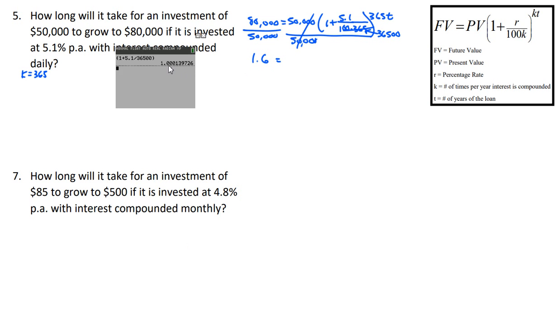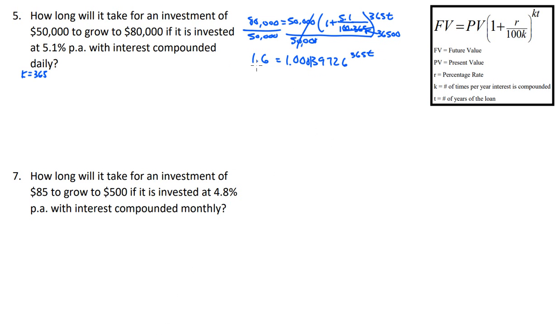You want to write out as many of these digits as you can remember. 1.00139, I already forgot. I already messed that up. It's 1.00139726, and that's going to be to the 365t.